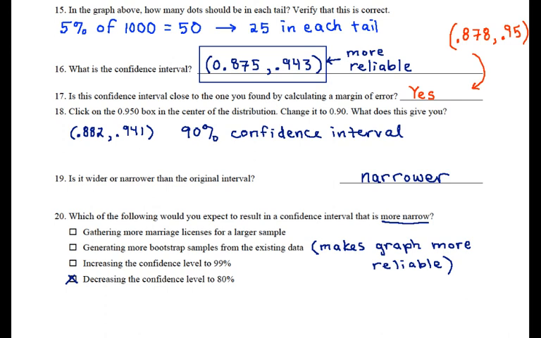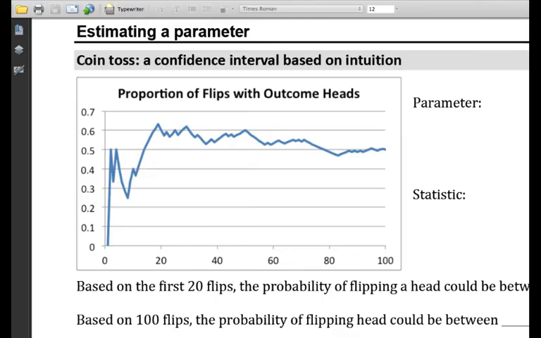But gathering more marriage licenses for a larger sample does make the confidence interval more narrow. If we think back to the flipping a coin example that we looked at when we first brought up the concept of confidence intervals, recall that what we saw here is that our estimate of the probability of flipping a head got better as we got more data, right?